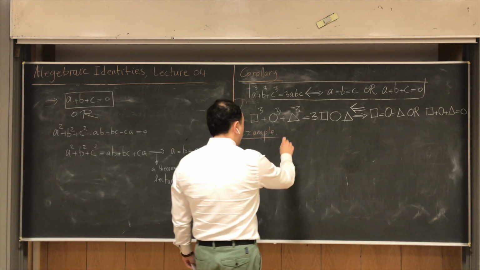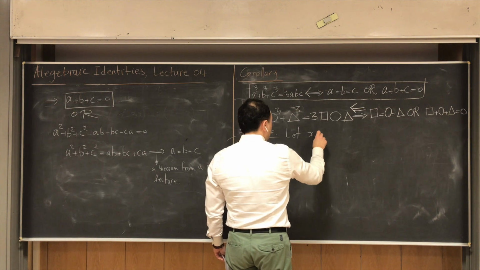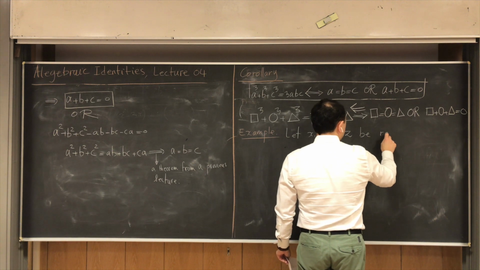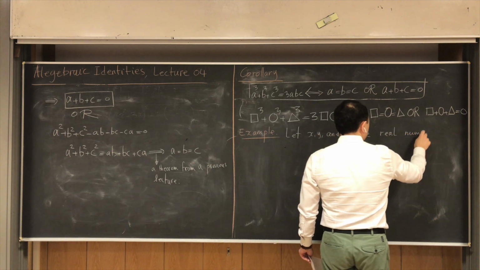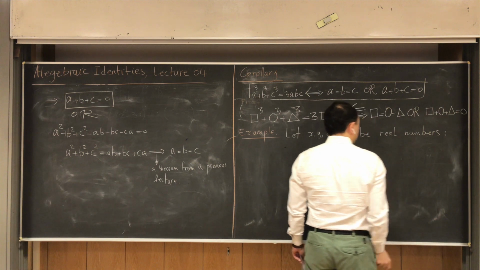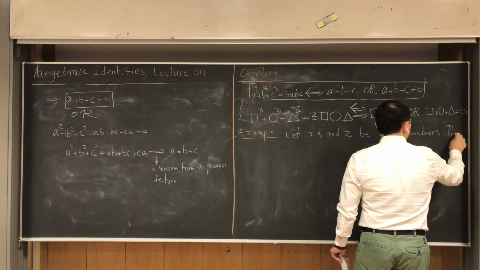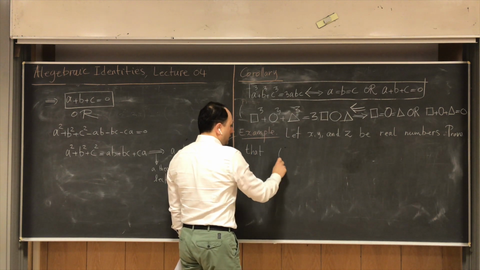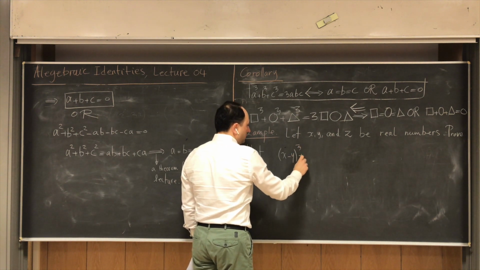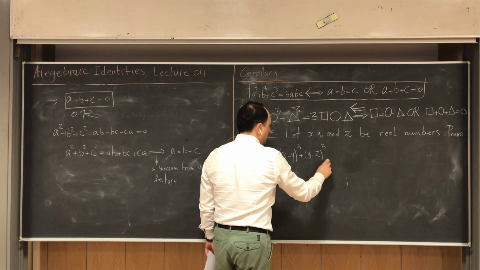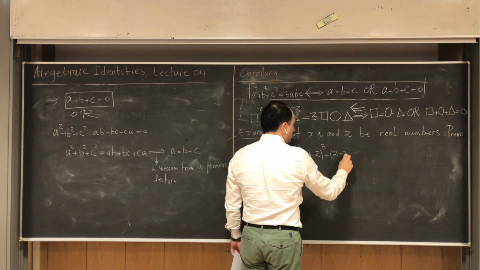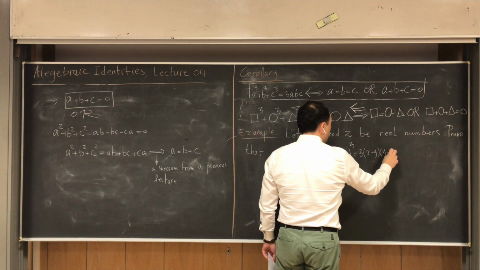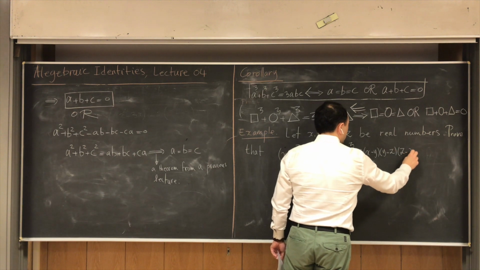Let x, y, and z be real numbers. Prove that (x minus y) to the 3 plus (y minus z) to the 3 plus (z minus x) to the 3 is 3 times (x minus y) times (y minus z) times (z minus x).